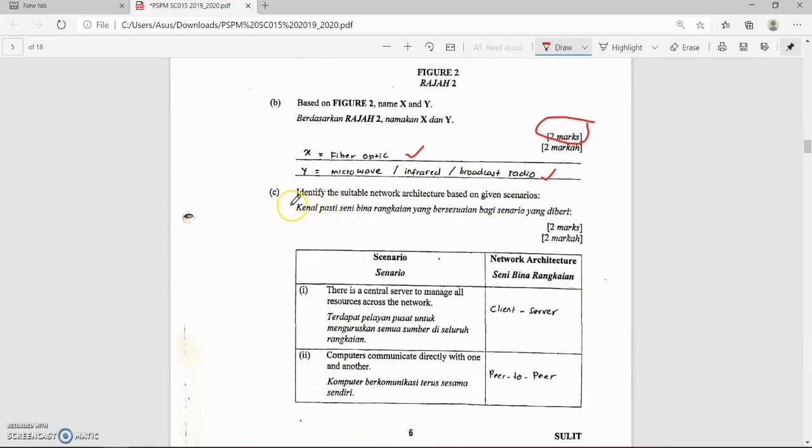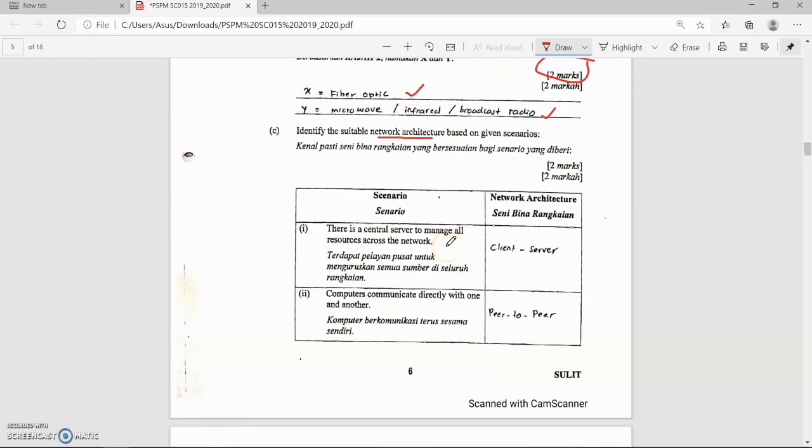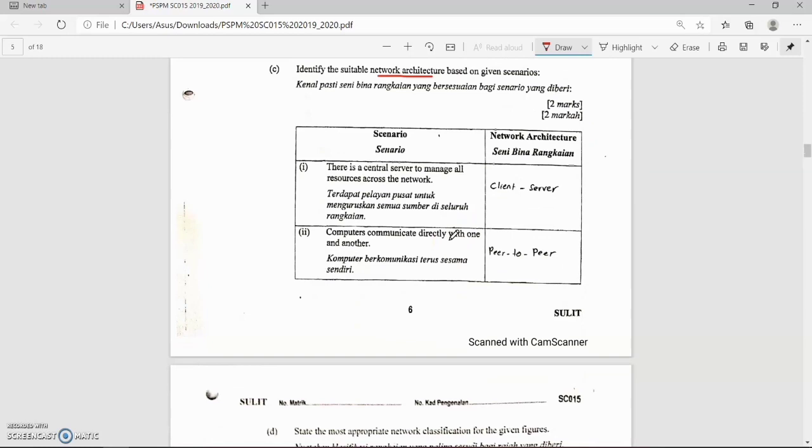Okay. So C, identify the suitable network architecture based on the given scenario. So network architecture is the configuration or design of computers, devices and media on a network. We have client server and peer-to-peer.